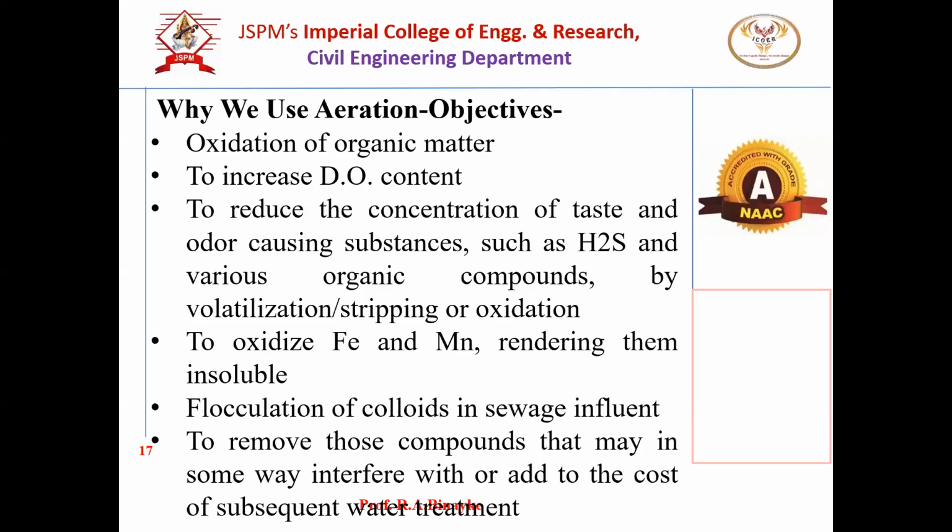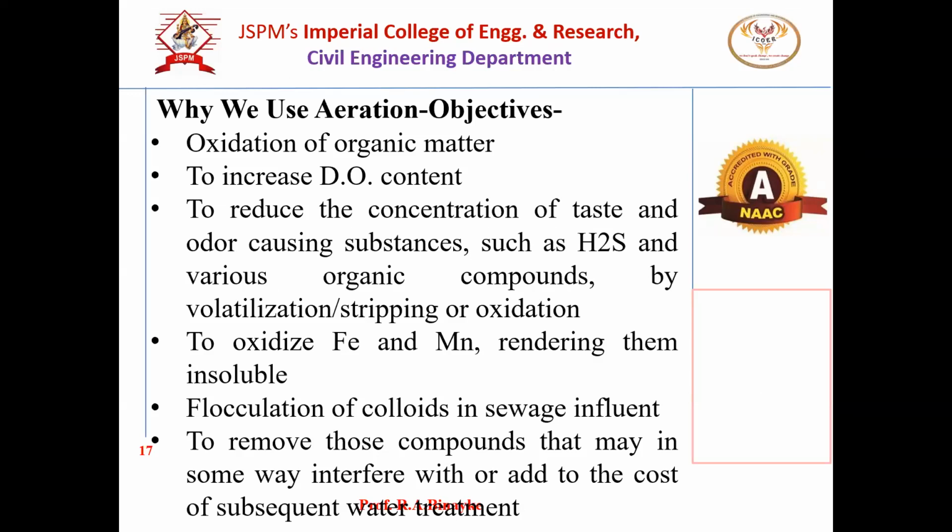Students, we first have to understand what the types of aeration are, why we carry them out, and what the classification is based on. Aerators fall into two general categories: they either introduce air into water or water into air.